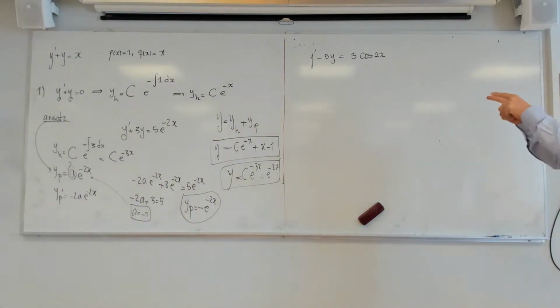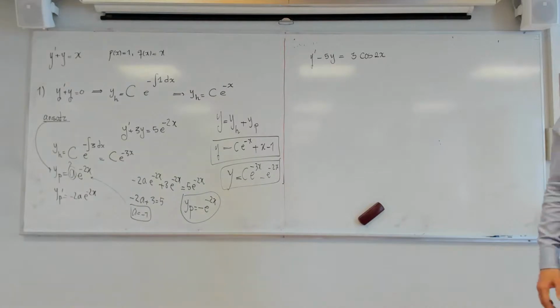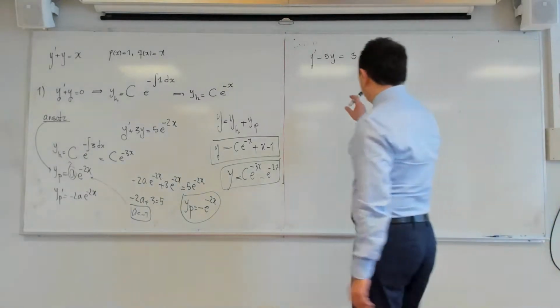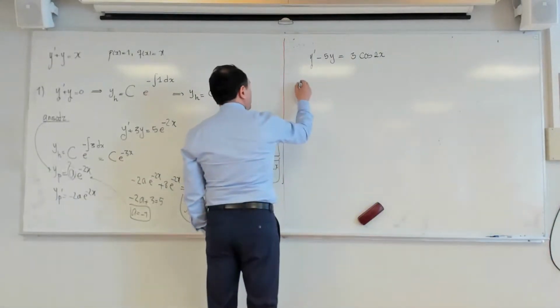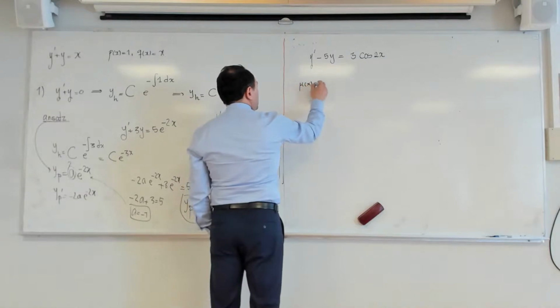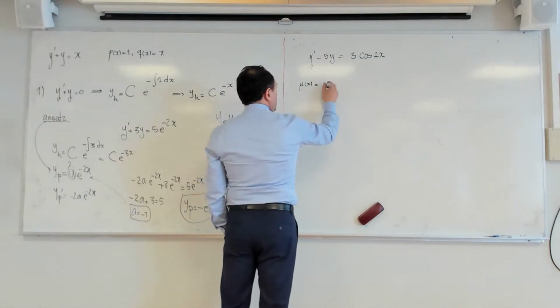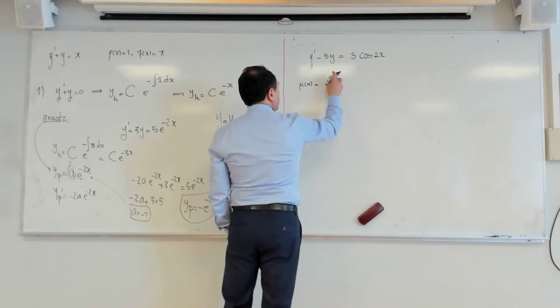So assume that you don't know this method of undetermined coefficients. So if you want to solve it using the previous method, what you need to do is to calculate mu of x first, which is easy. There is a formula for that.